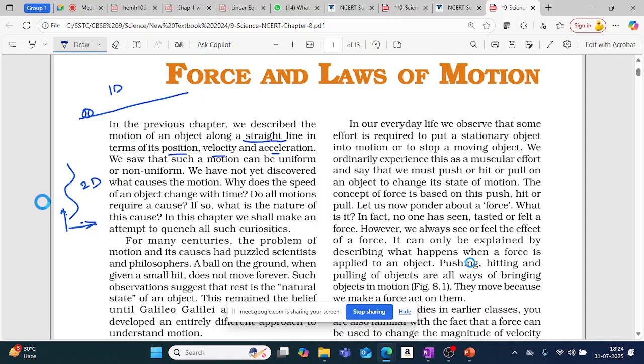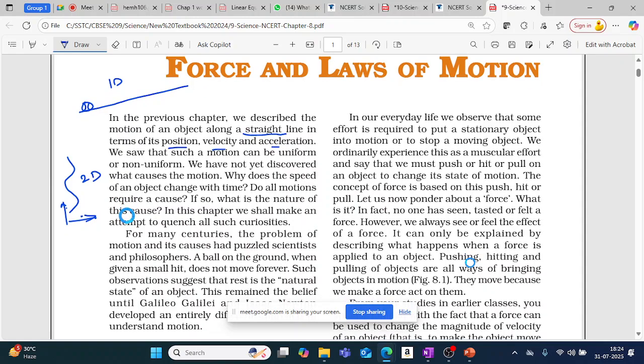A bird flying can move in x, y, and also up and down. So it is three-dimensional motion. If you throw a ball, it can go forward with the wind, it can move left, right, and also up and down. They're all three-dimensional motion. You're going to study this till class 12.